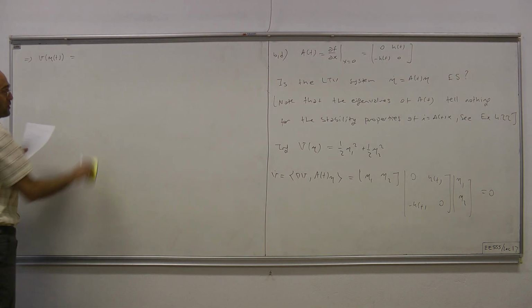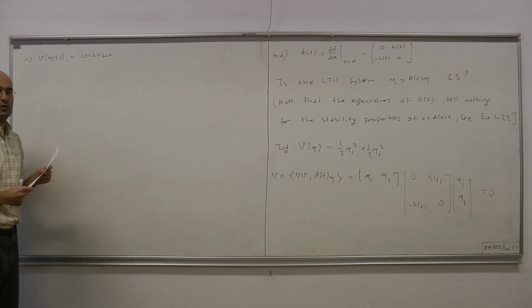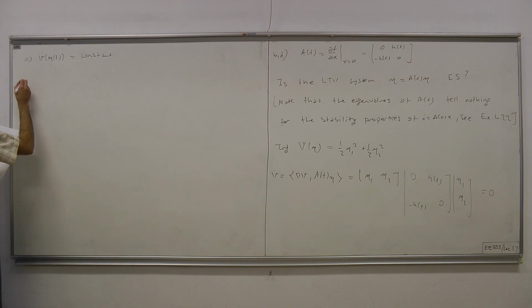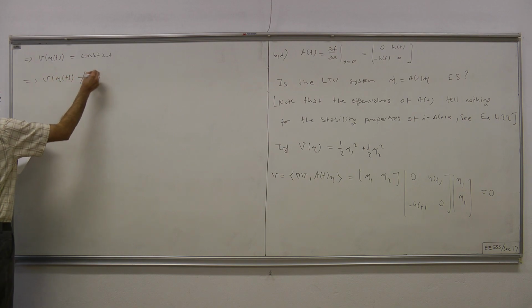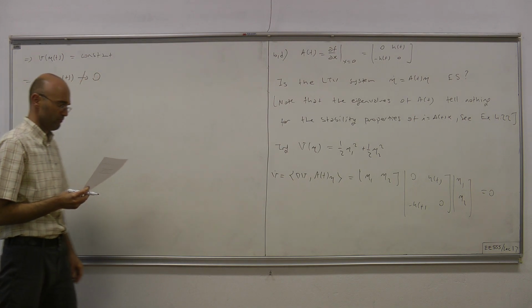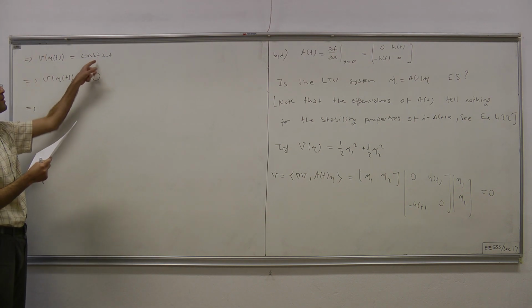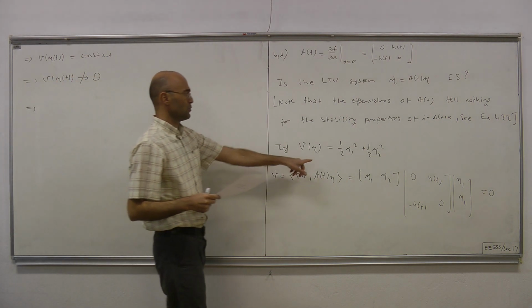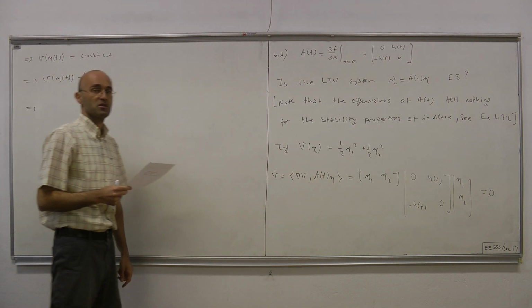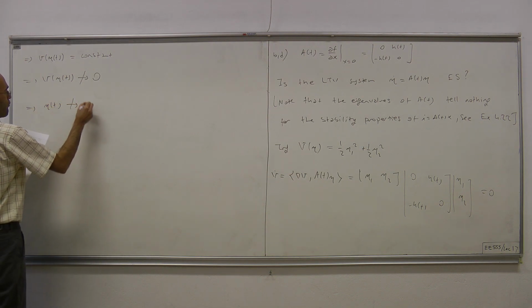Excuse me, not 0, but it is constant. So it equals the initial value, whatever it is. Since it's constant, clearly it's not converging to 0. It's not converging anywhere, as a matter of fact. It has already converged to the constant value. So since the Lyapunov function is a positive function and is not converging to the origin, that means the state itself is not converging to the origin.